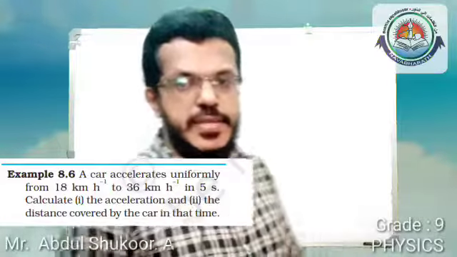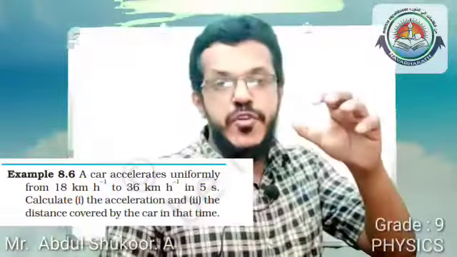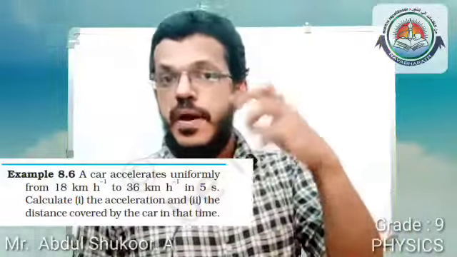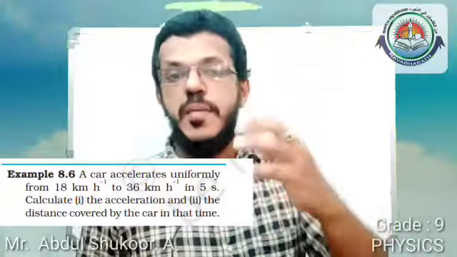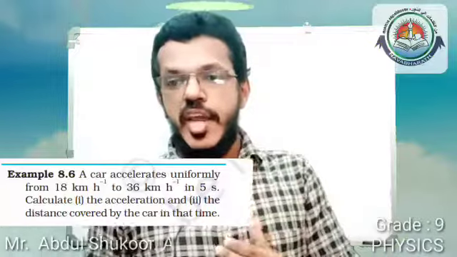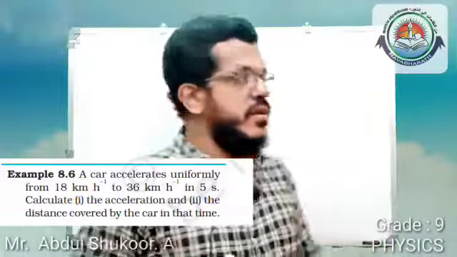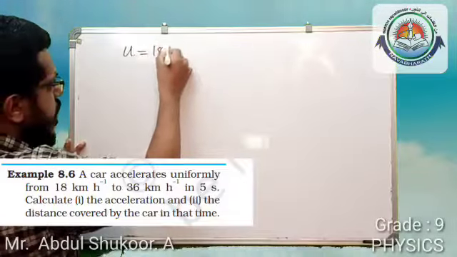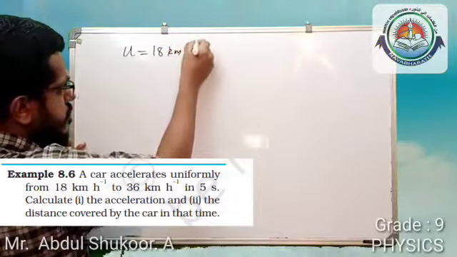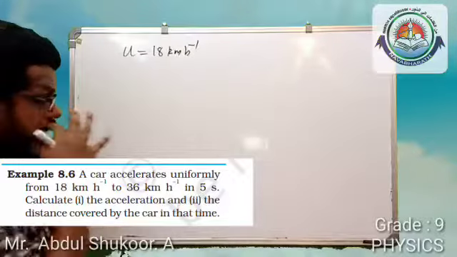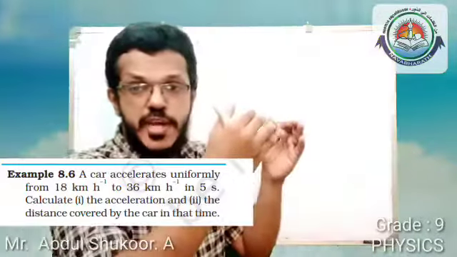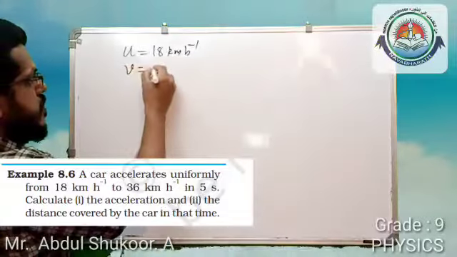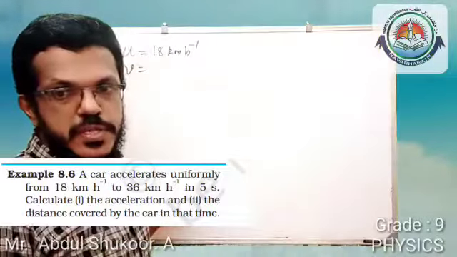The car accelerated uniformly from 18 kilometer per hour to 36 kilometer per hour, so the initial velocity u is 18 kilometer per hour, and this changes to the final velocity v, 36 kilometer per hour.